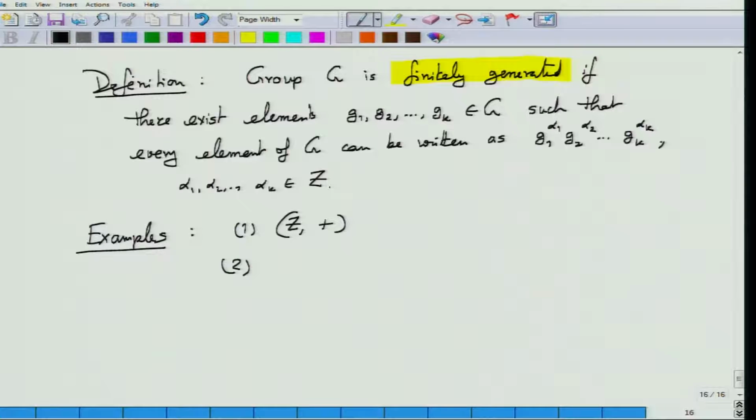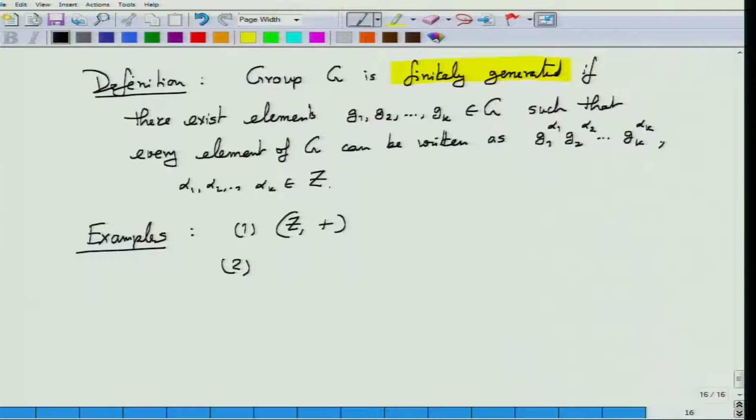Is Q star finitely generated? Actually, the number of generators in Q star is exactly equal to the number of primes, and that is infinite. So, Q star is not finitely generated.